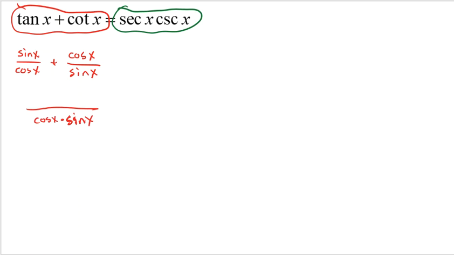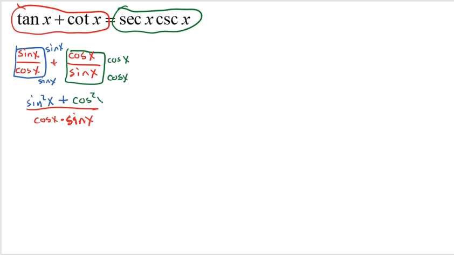Now let's see here. This first fraction has the cosine. I need to multiply the denominator and the numerator by sine to generate that common denominator, and that's going to generate a sine squared on top. Plus, this fraction over here has the sine. I'm going to multiply denominator and numerator by cosine to generate that common denominator, and that gets me a cosine squared.